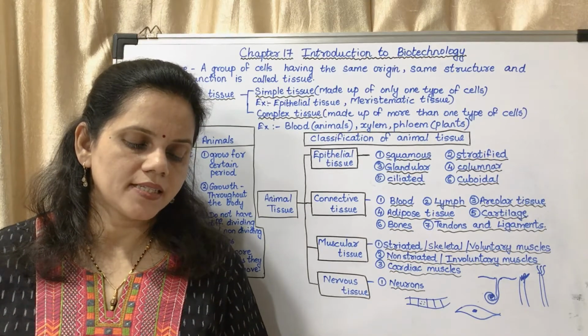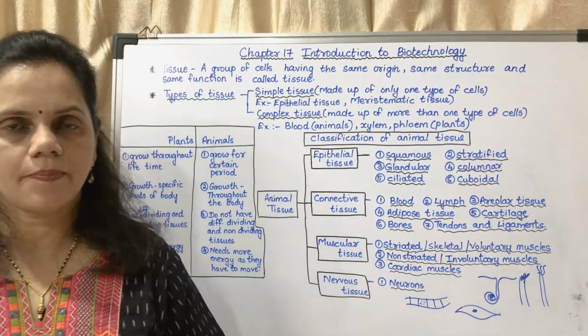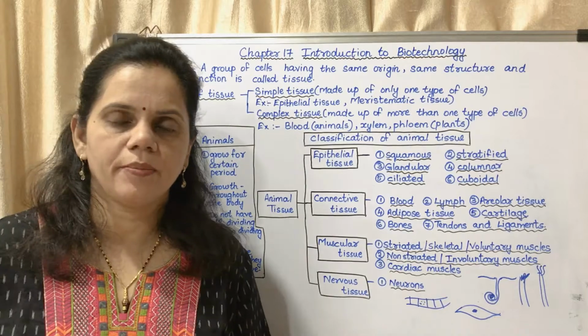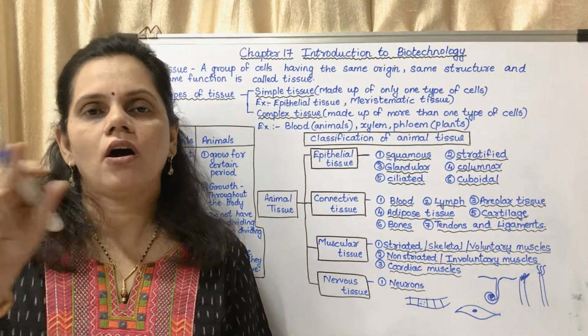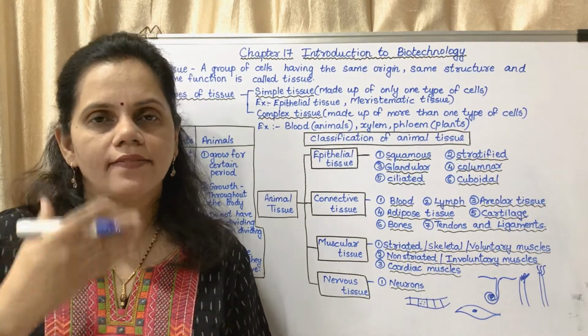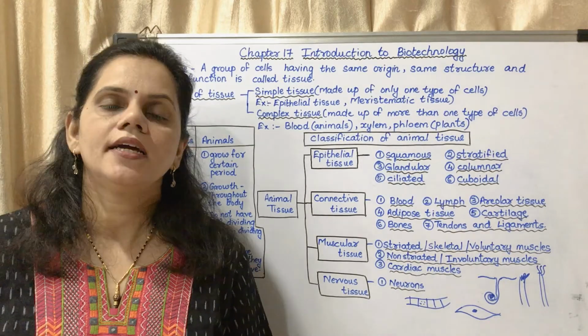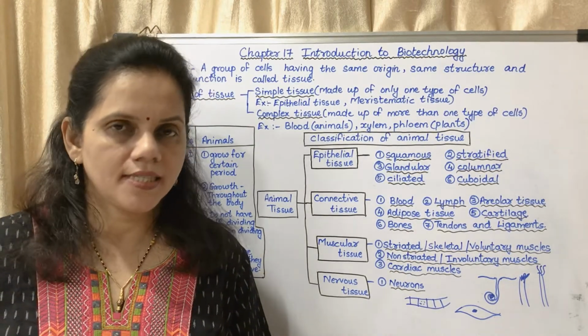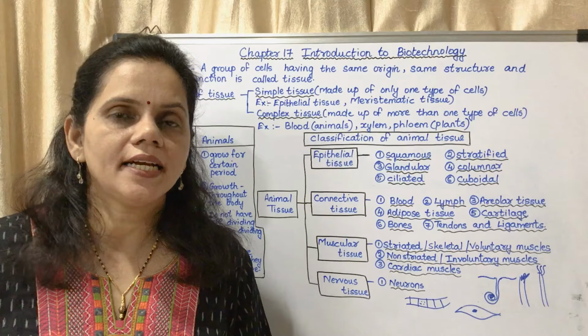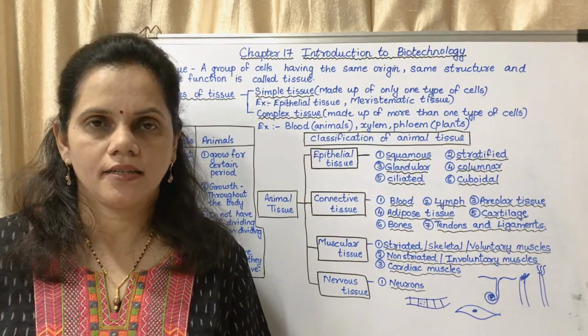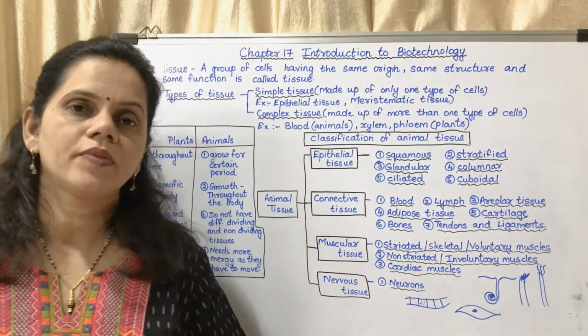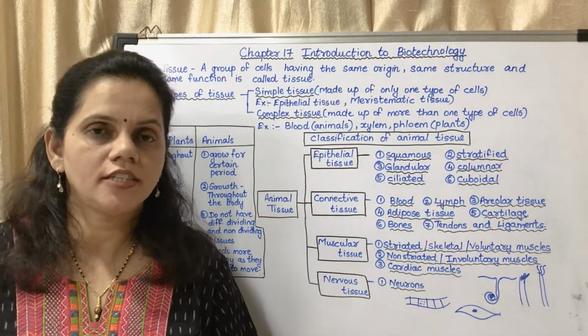Next, can you recall the question? Which type of muscle is the diaphragm of the respiratory system? Now what is the diaphragm? The diaphragm is a muscular organ which separates the thoracic cavity and the abdominal cavity. It is a part of the respiratory system. Basically it is a skeletal muscle, a voluntary muscle.